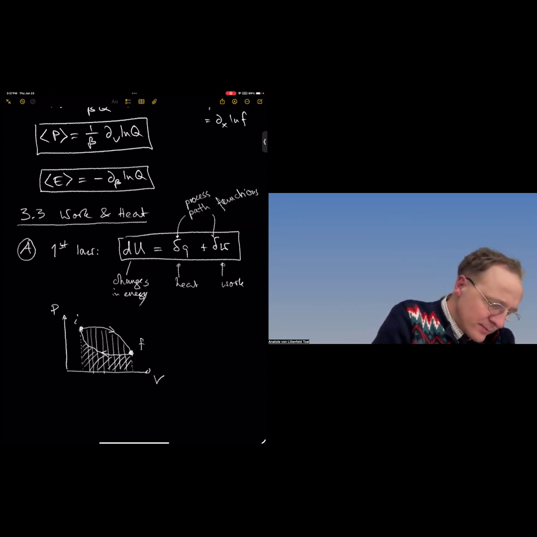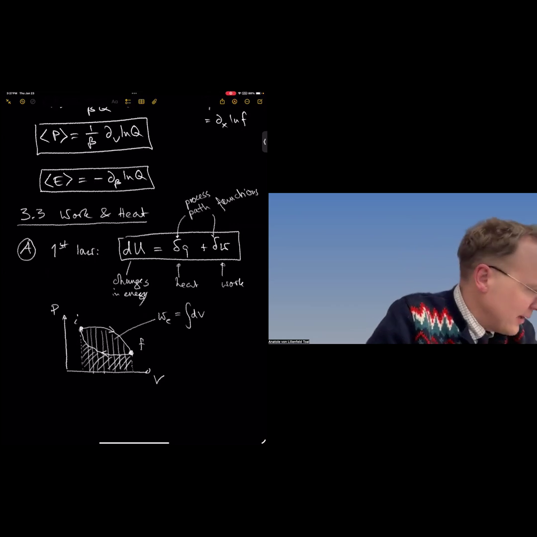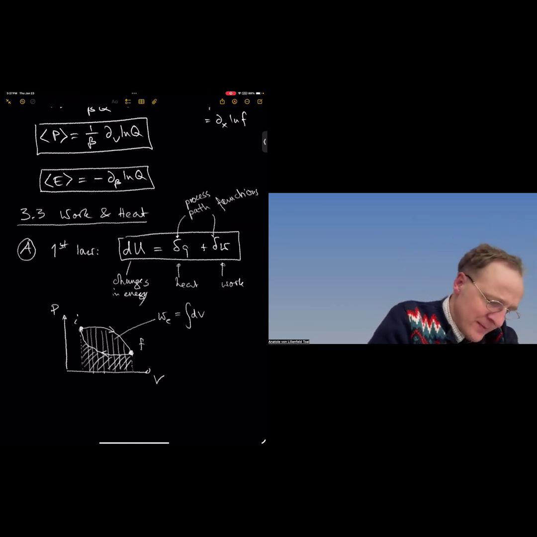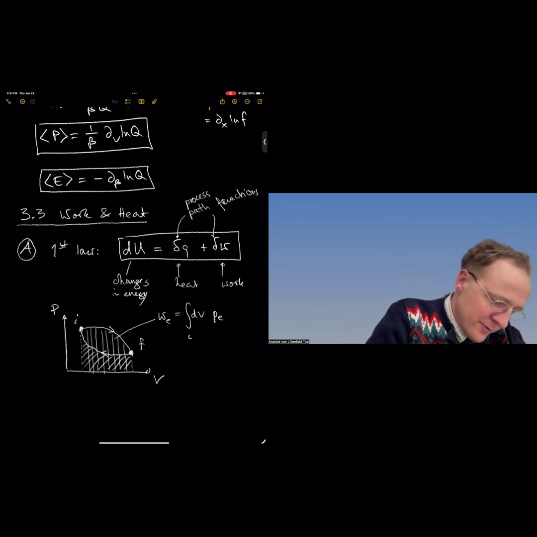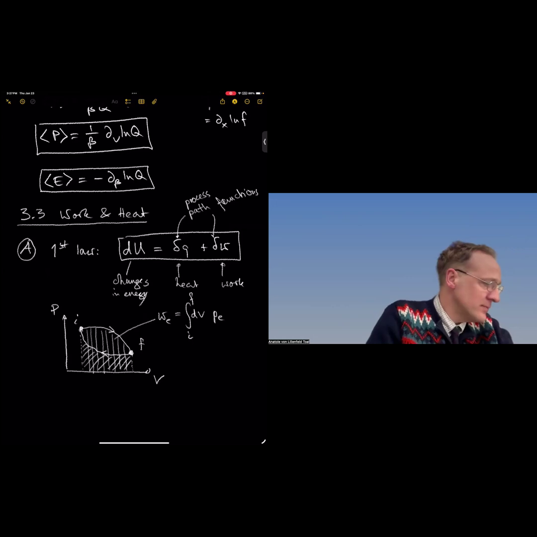Now, this integral, let's call it work expansion, is the integral over your volume change and of the expanding pressure curve. You go from initial to final.